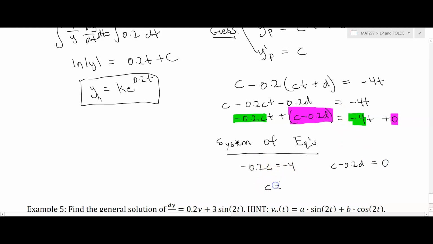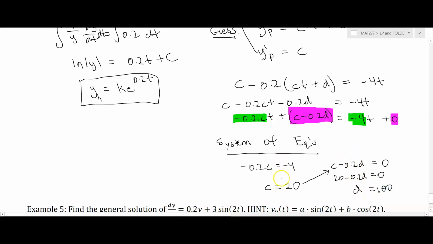If I divide both sides by -0.2, I will get 20 as the value of c. And now I can substitute in 20 for c here and make this 20 minus 0.2d equals 0. Now I can solve for d, and I get d is equal to 100.